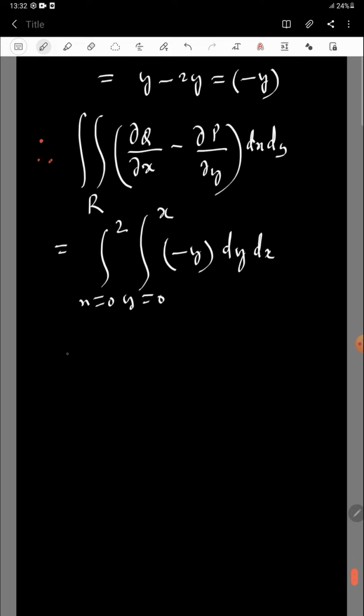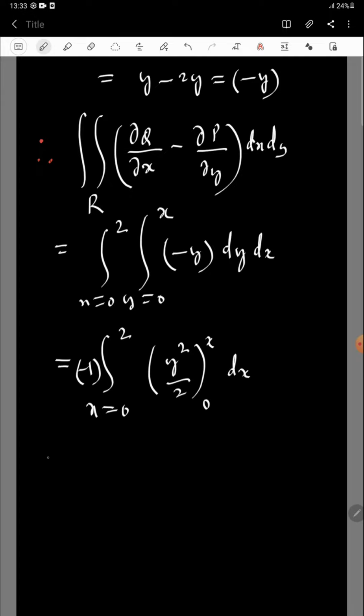Now we'll calculate the integral. Integral x from 0 to 2, minus sign outside, integral of y is y²/2, limits from 0 to x, dx. Now I will take that constant outside, so minus 1/2, integral x from 0 to 2. In place of y, the upper limit x, so it becomes x², and for the lower limit 0, so 0 minus 0, dx.